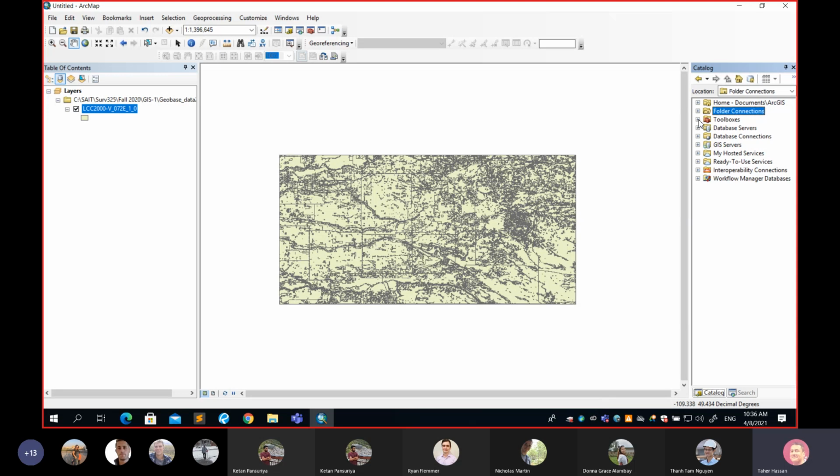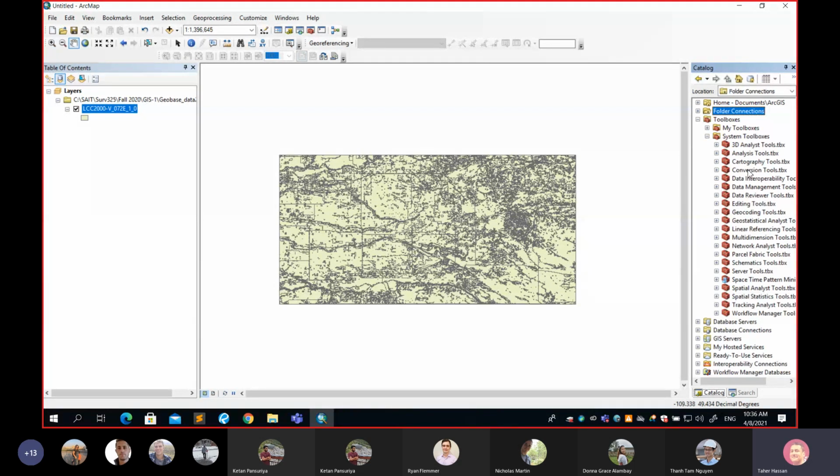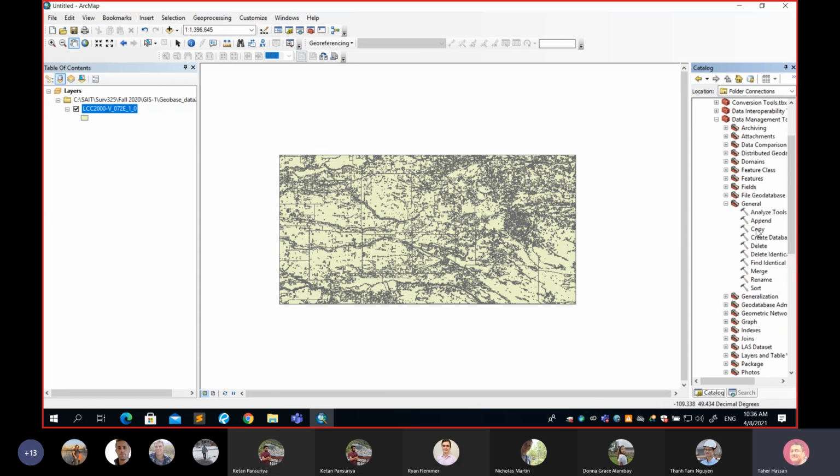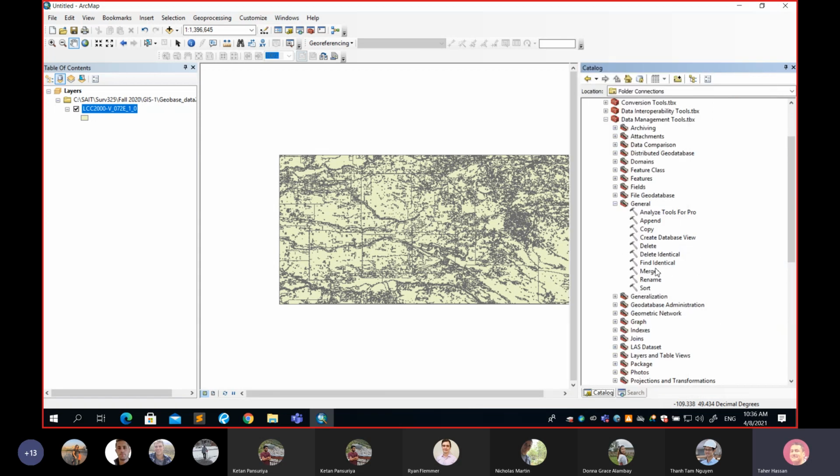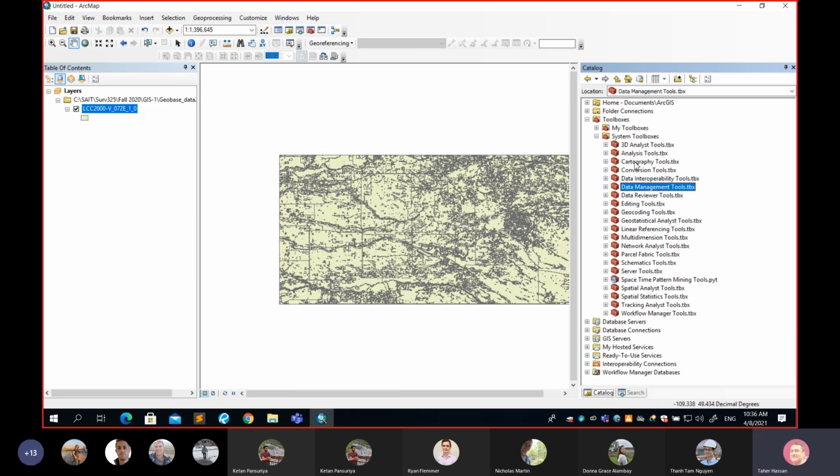We can access the tools through our ArcCatalog by going to Toolboxes and then System Toolboxes, and here we go. Every toolbox has its own toolboxes inside, until you get to, for example, this one, which we use to merge. I'm going to expand here. Merge is a tool located under General, under Data Management, and so on. A kind of folder structure, huh?